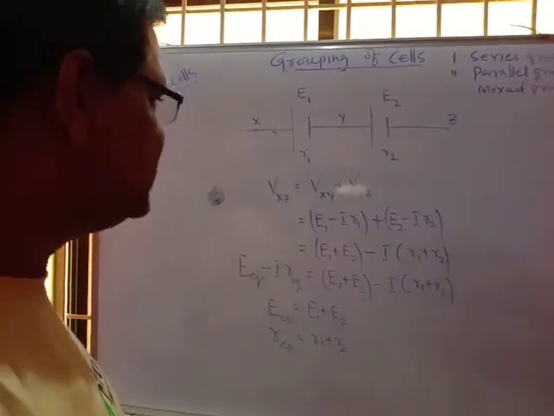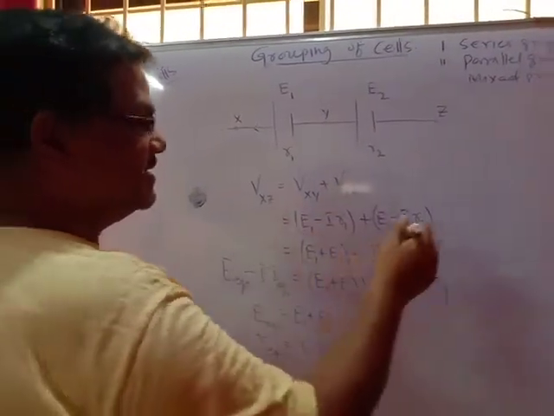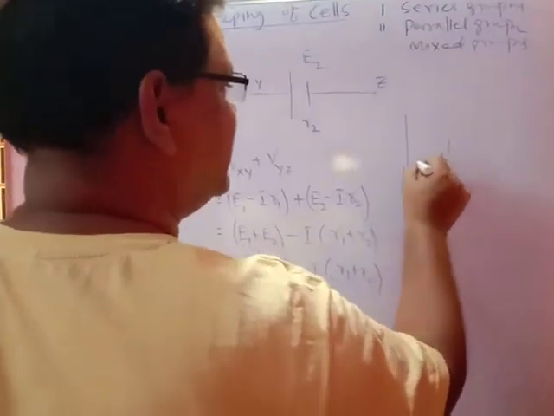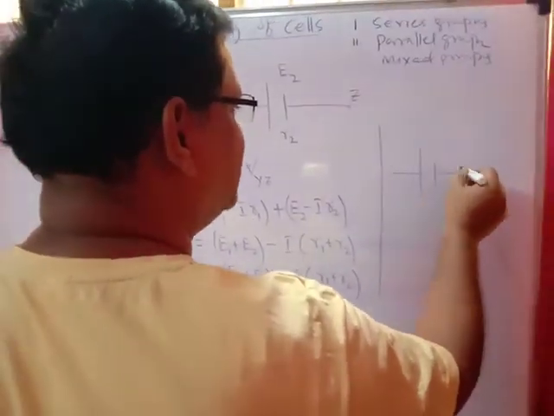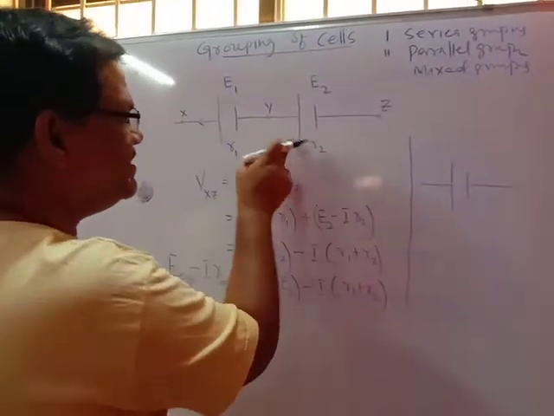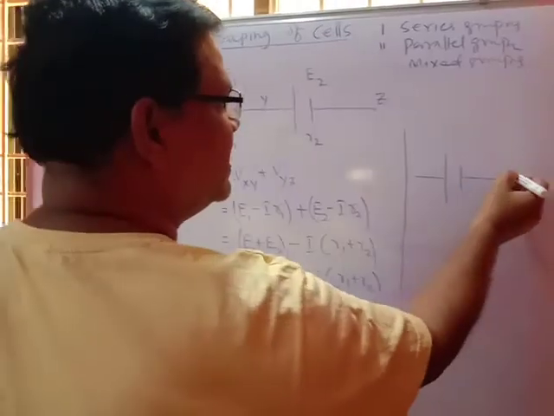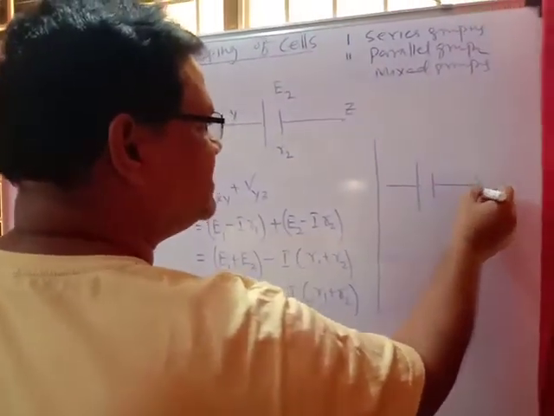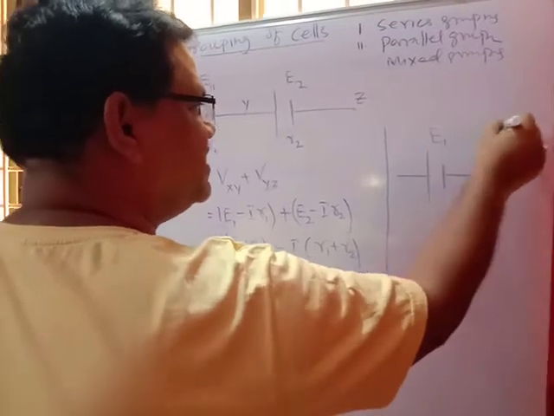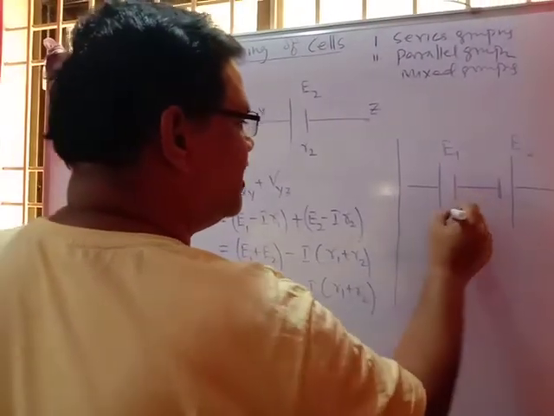The important thing is what happens if the terminal is reversed. For example, one cell is connected here, and in this case the plus was connected to the negative plate. If it is reversed, so this is the minus and this is the plus, what will be the case? This is E1, this is E2, and these are R1 and R2.